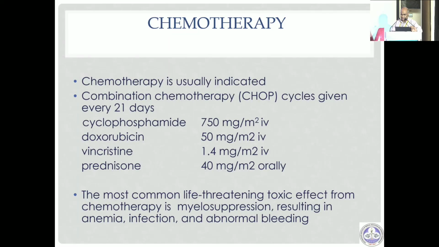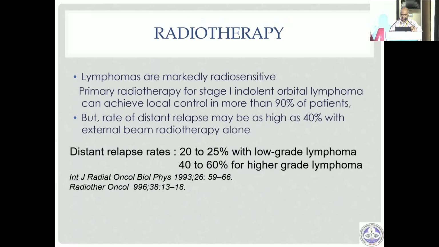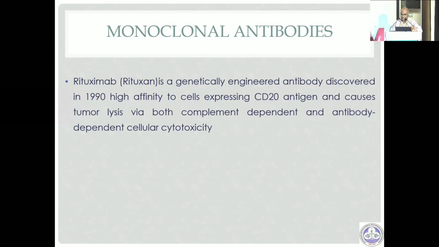Nowadays the first line treatment that has come up is rituximab, which is given along with the CHOP regime. In fact, our medical oncologist at our institute, for very localized tumors, only gives rituximab, doesn't give CHOP.